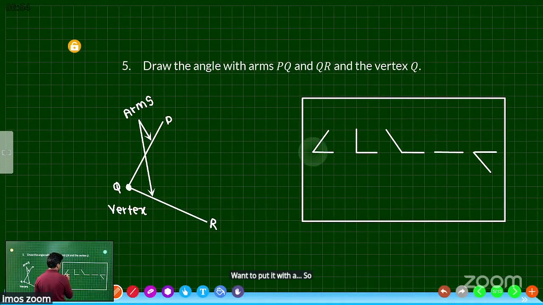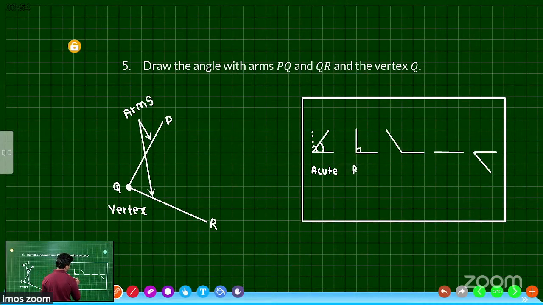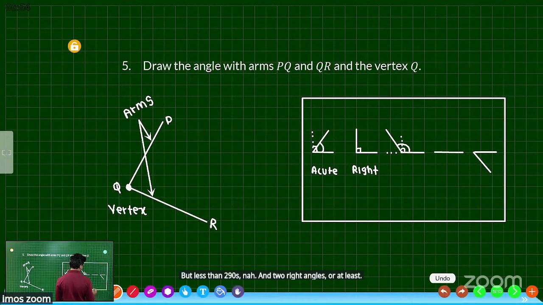So you can understand this is less than 90, right? Less than 90, that type of angles we call them as acute angles. 90 degree is a right angle. Greater than 90 but less than two right angles, that type of angles we call them as obtuse.